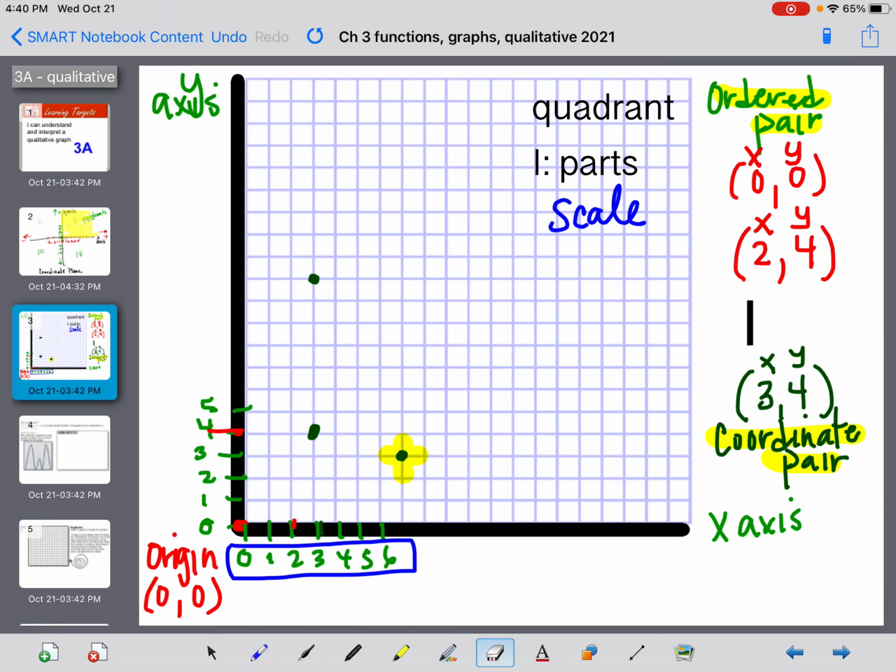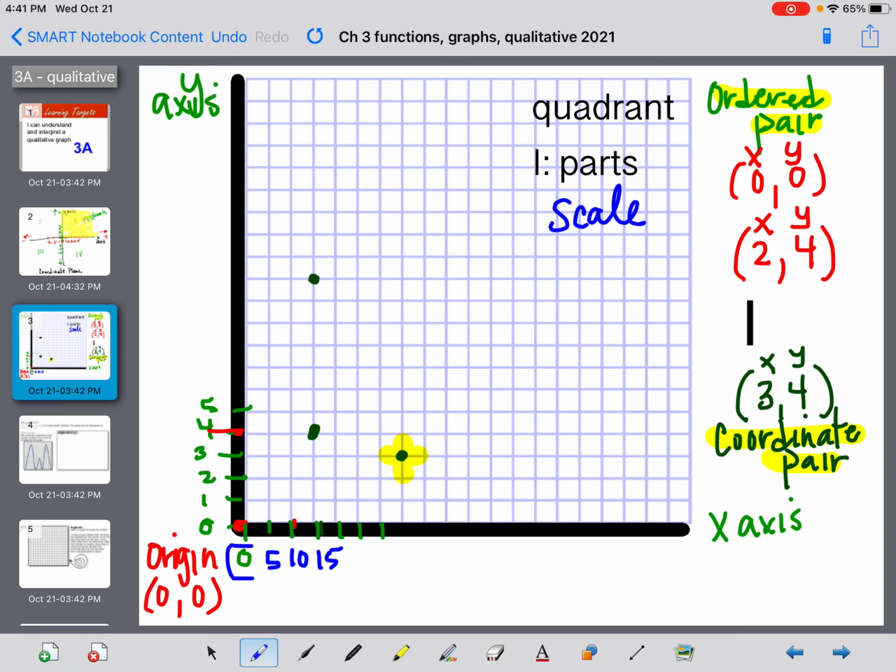And so I might not be counting by ones in my scale. I might be counting by, let's say, 2s or 5s or something like that, where each one of these lines represents a larger amount. If I had really big data, I might want to count by 5s instead of by 10s, because then I could graph larger numbered data on here.